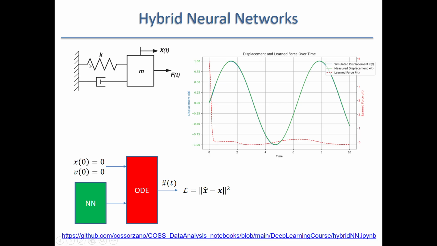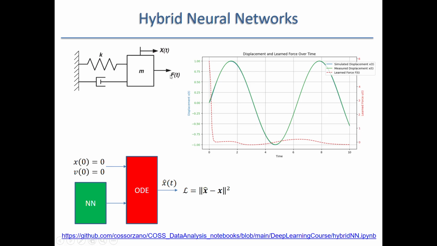It has some resistance, some inertia, and we observe the displacements of that system, and we want to know what was the force that was applied to the system. So there is some force here. So what is the force?